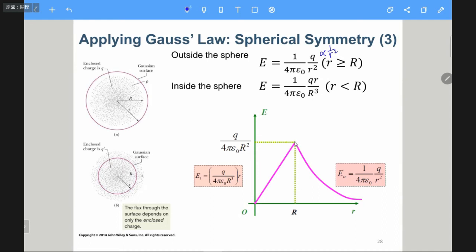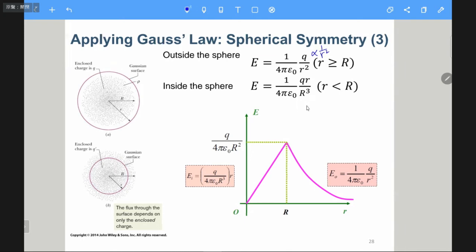And after r is larger than capital R, then it is inversely proportional to r squared, which is decreasing. So this point will be Q over 4 pi epsilon naught R squared, which means that you just need to substitute r equals capital R. Then this one will be this. So this is continuous.